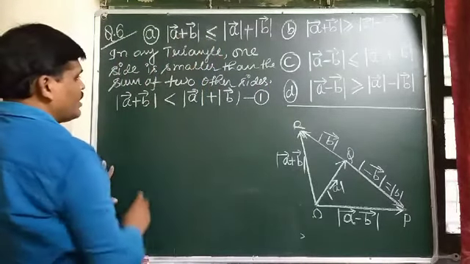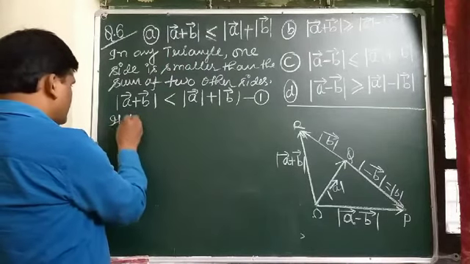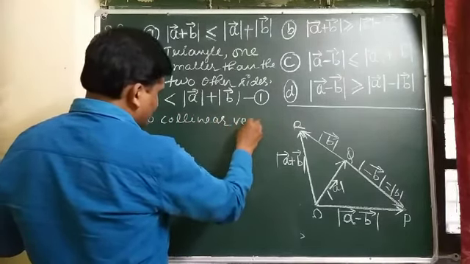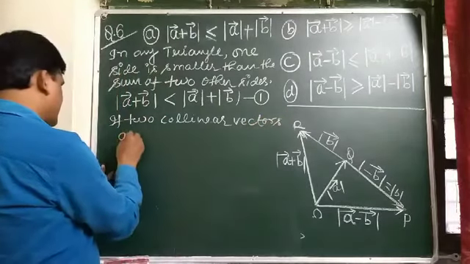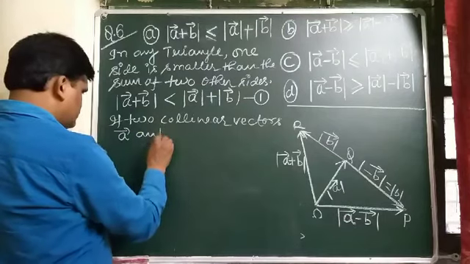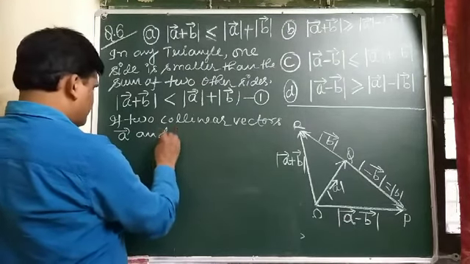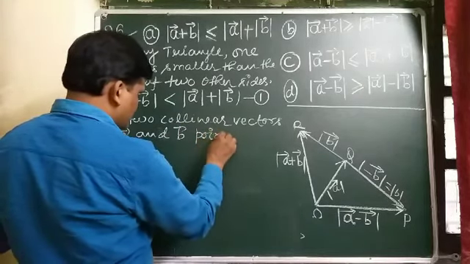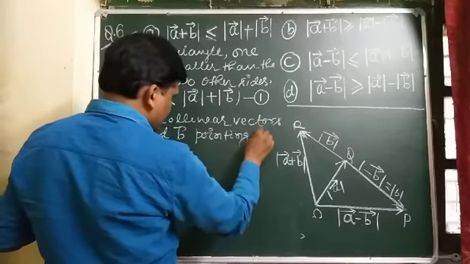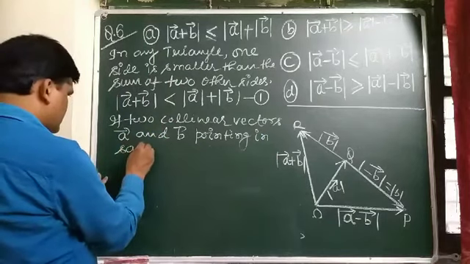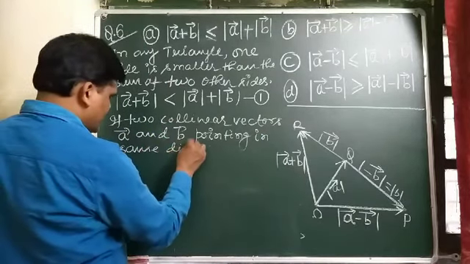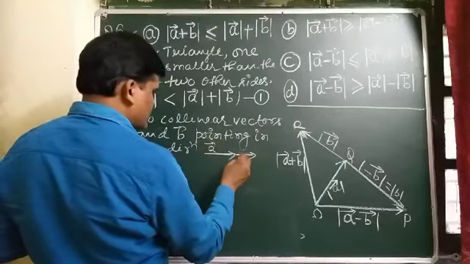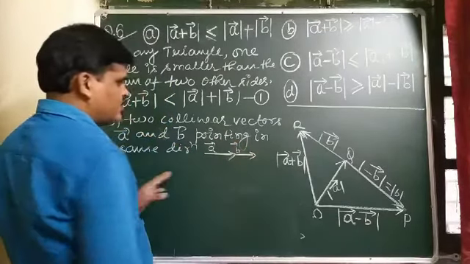And student, if two collinear vectors A and B are pointing in the same direction, it means vector A and also vector B are acting in the same direction.